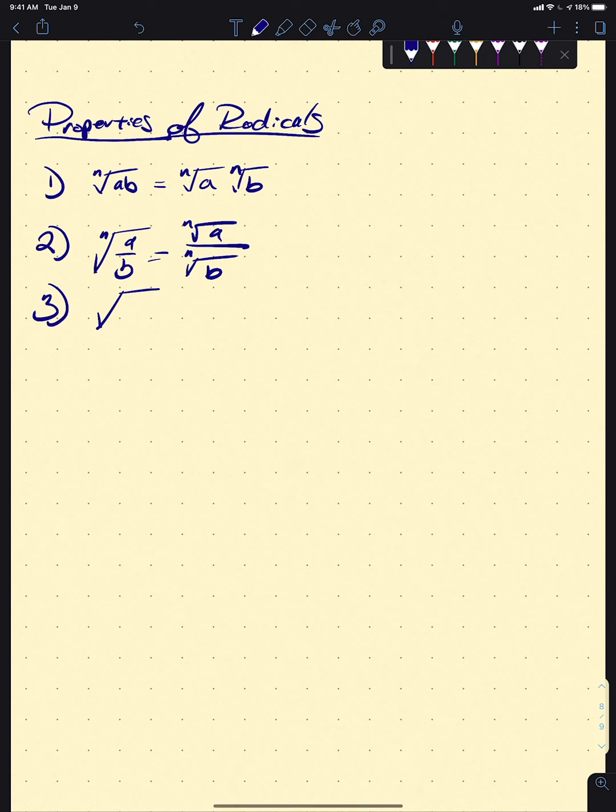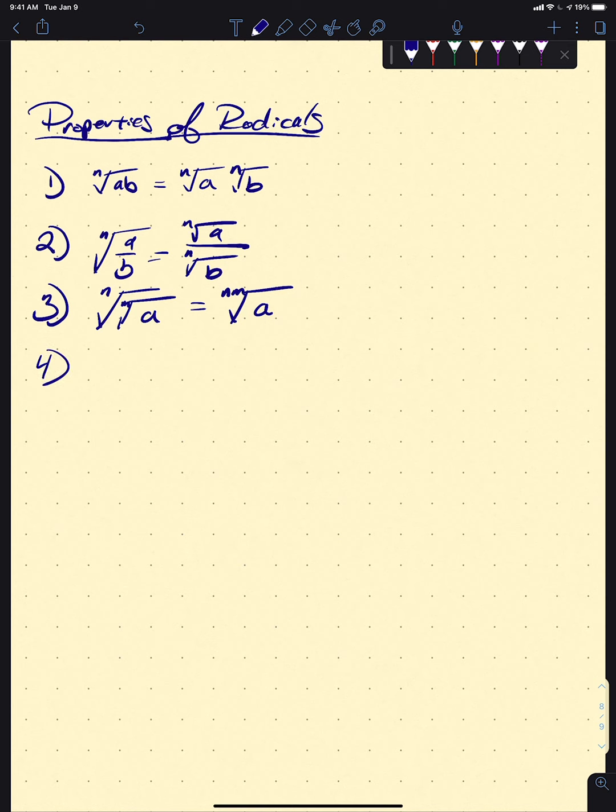If we nest them, let's say the nth root of the mth root of a, well, that is the n times mth root of a, right? Just as before, when you continue to raise exponents, you multiply. When you continue to take radicals, you can just multiply.